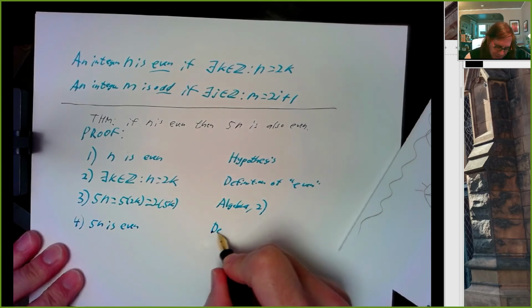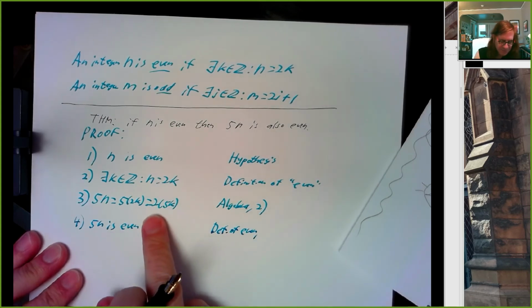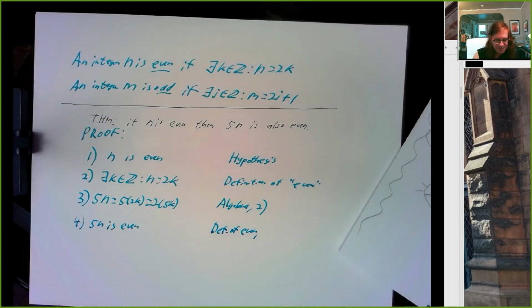You wouldn't have to do anything to switch the 2 and the 5. I did. So that's a commutative rule of multiplication, but we don't need to spell that out in these kinds of proofs. We can use properties of integers like 2 times 5 equals 5 times 2.